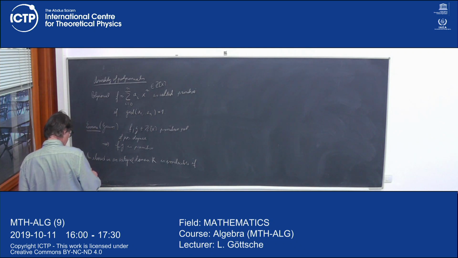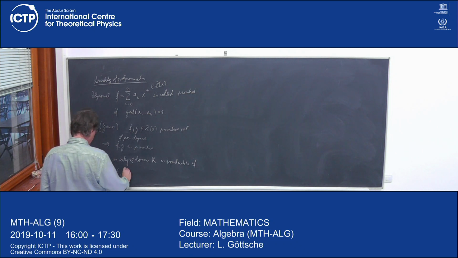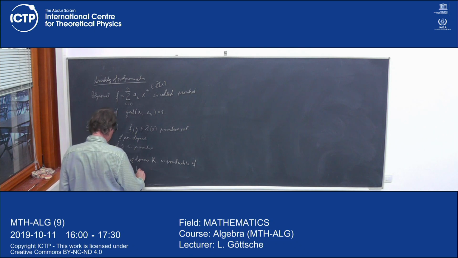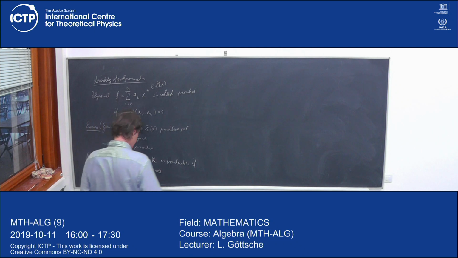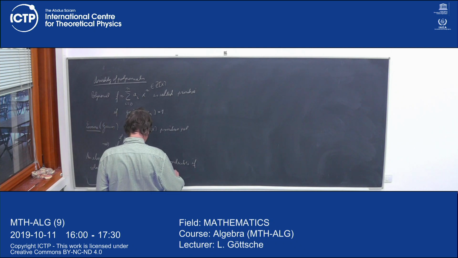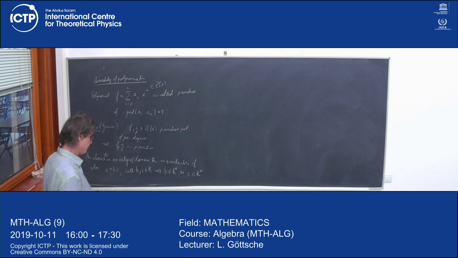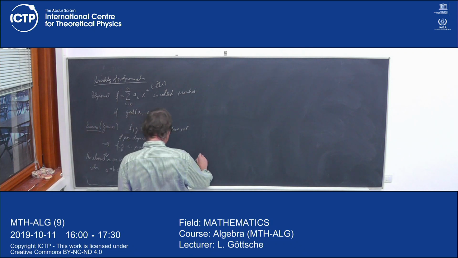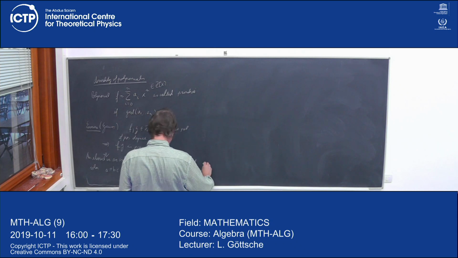So if this element is called A, whenever A is equal to B times C, with B and C elements in R, then it follows that B or C is a unit. There were some extra assumptions. Maybe we also need first that this should be a non-zero element and it should not be a unit.